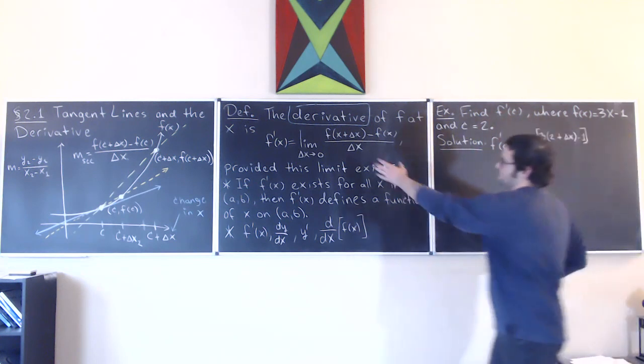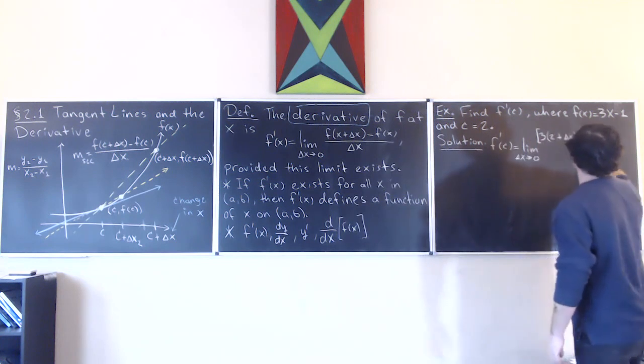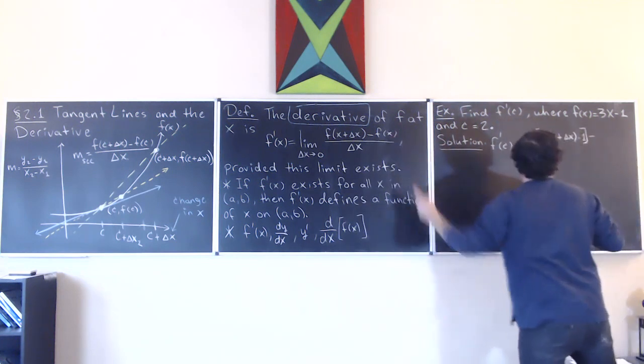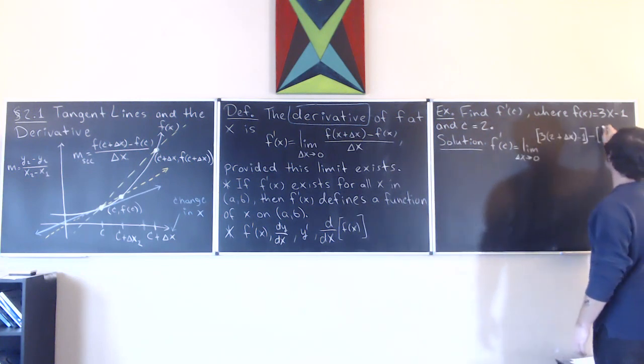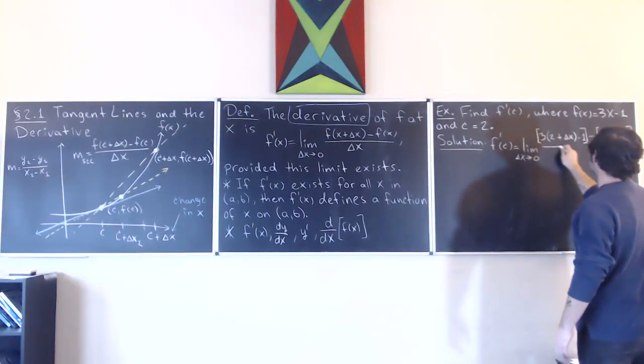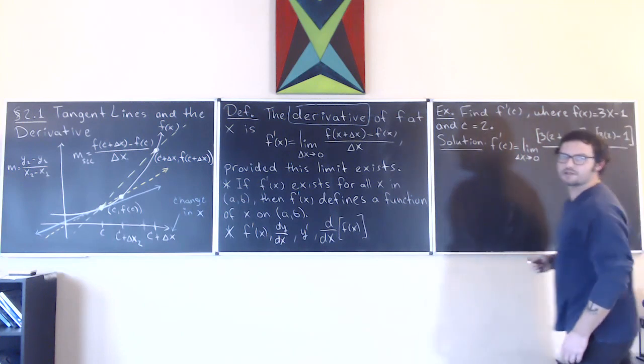So that's this piece here. And we need to subtract off f of the point in question, so 3 times 2 minus 1. And that's all divided by the change in x.